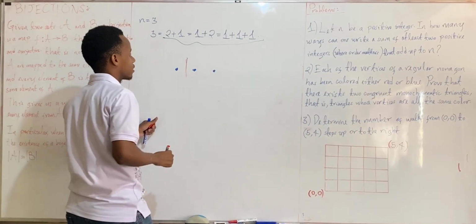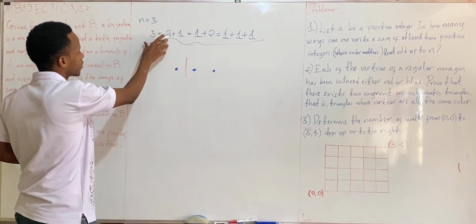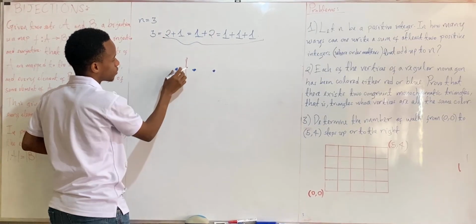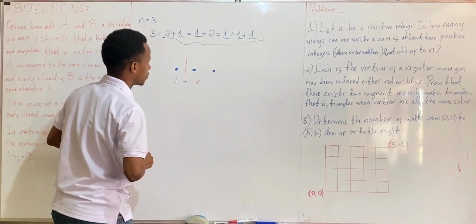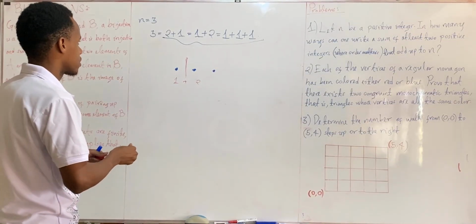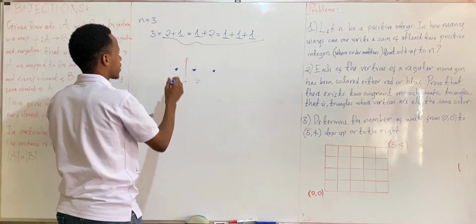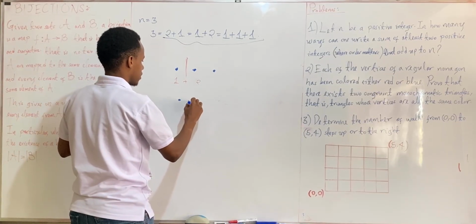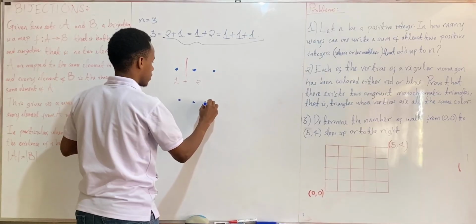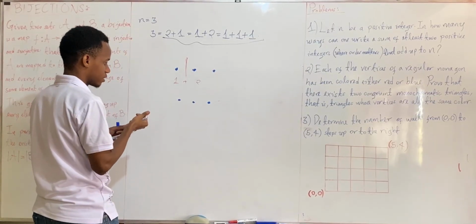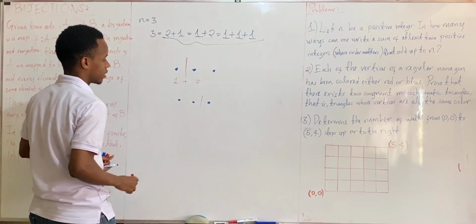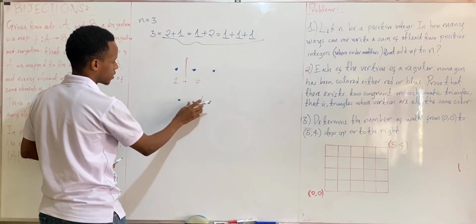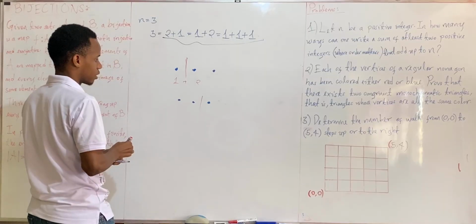So we split there, and we express 3 as the sum of 1 plus 2. So this representation can also be expressed in this form, where we split this representation of 3 at this point right there. In this case, we get 2 points on the left and 1 point on the right.